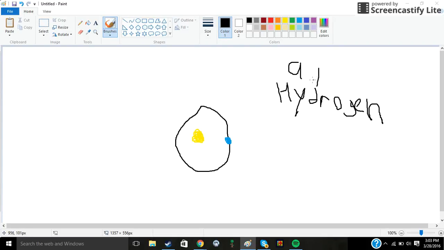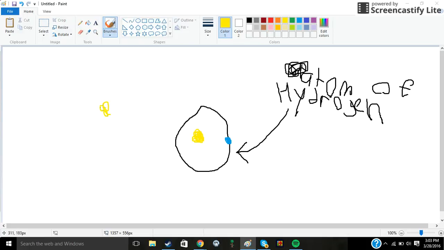So this is an atom of hydrogen. I'm going to write that down. Atom of hydrogen. I'm going to label this. This is what it would look like. This is an electron. This is a nucleus. And this is the axis that the electron spins in. But really, it's more of a shape like this.